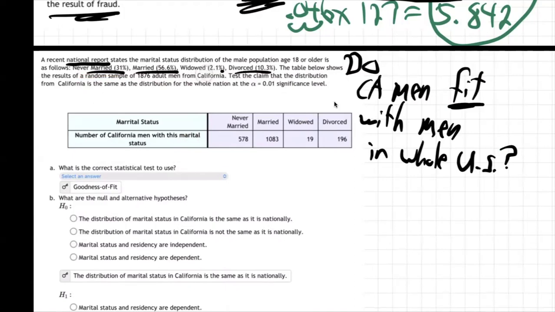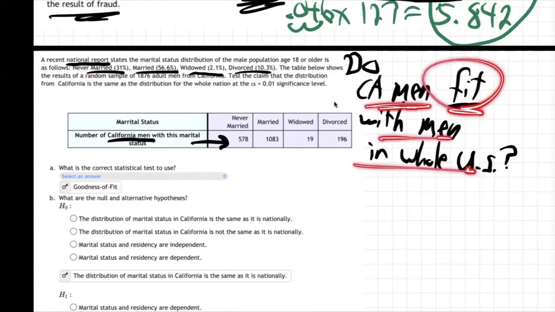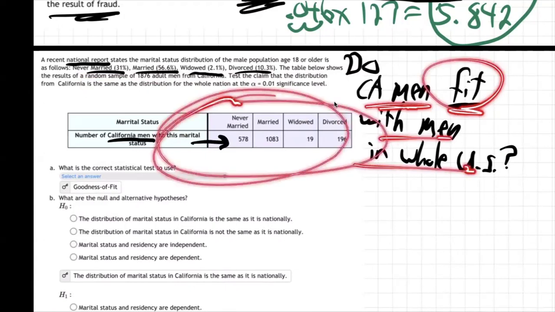And then this right here is California men. So we took one sample to see if California men fit with the whole U.S. That's goodness of fit, not homogeneity. Homogeneity is when you take two different samples. That's different.